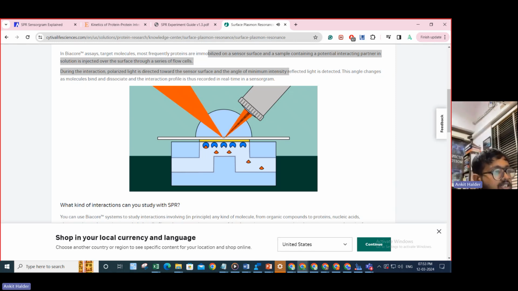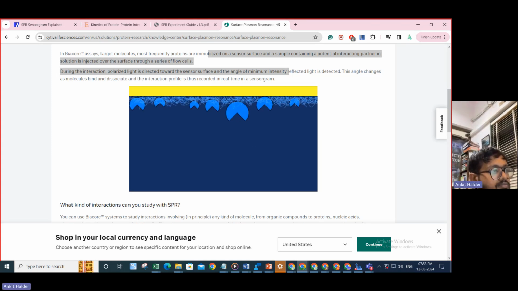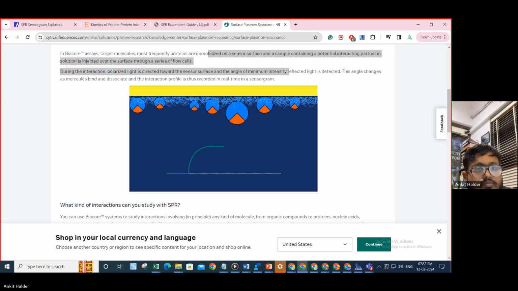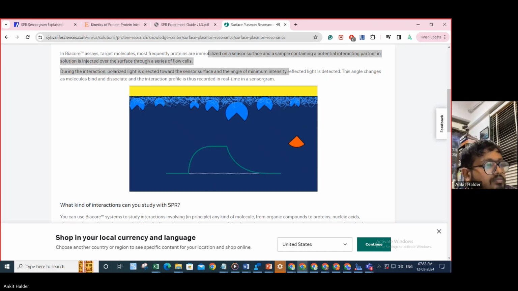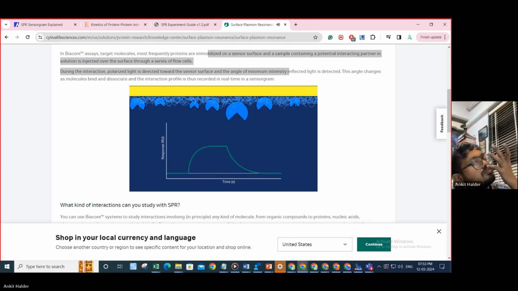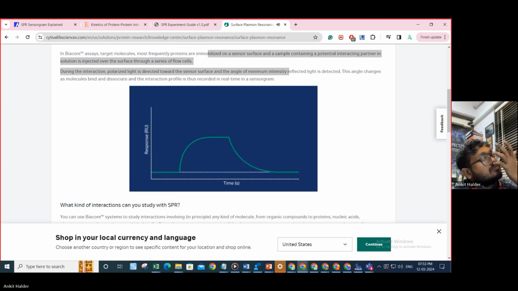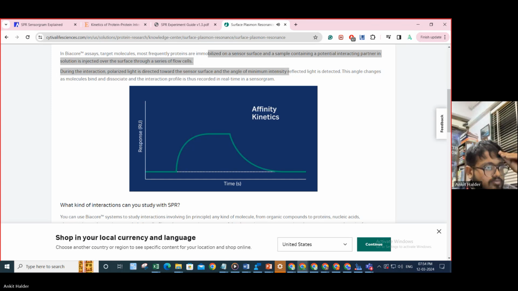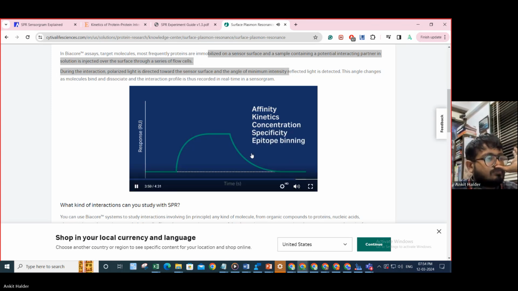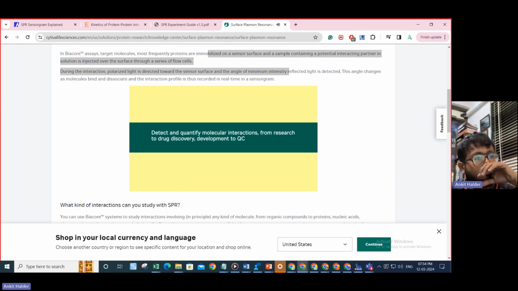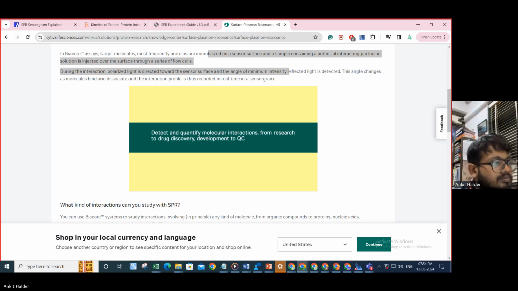The angle changes, the intensity changes, and then again it goes back. So you can see the applications of molecular interaction, from research to drug discovery, development to QC.